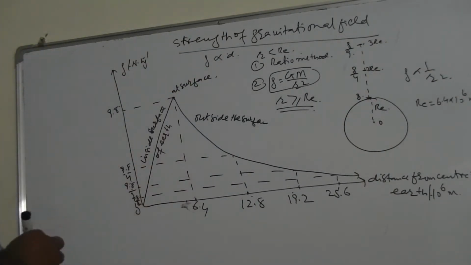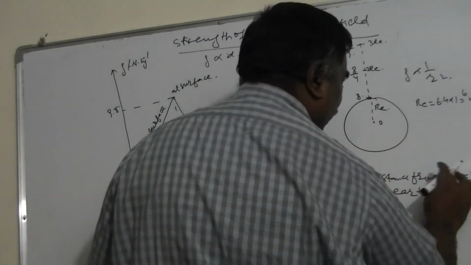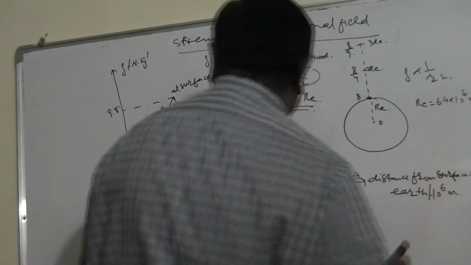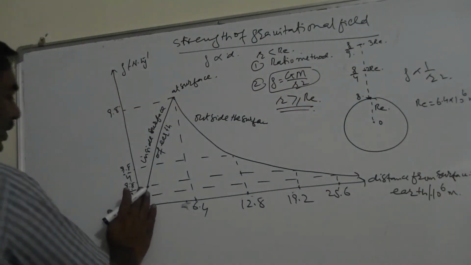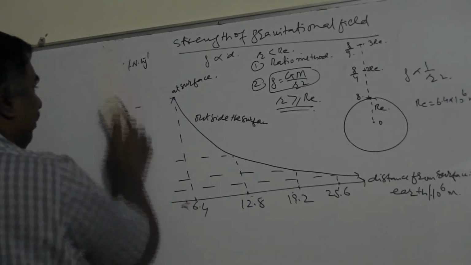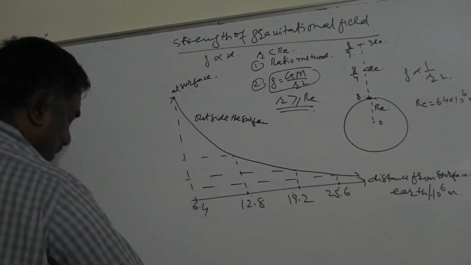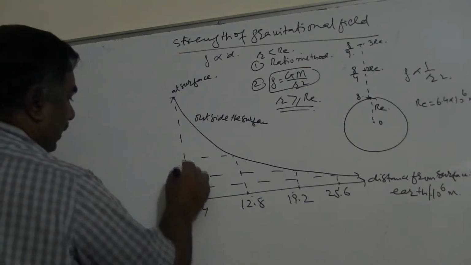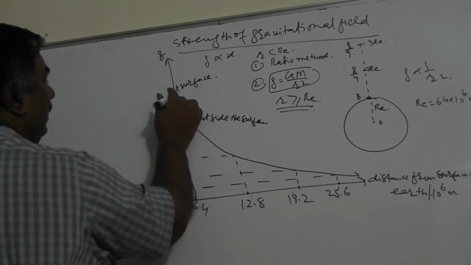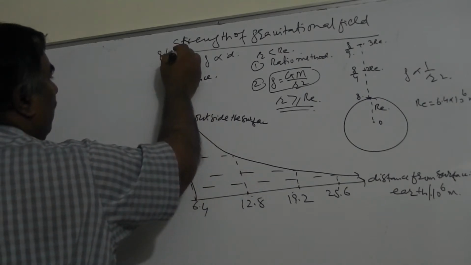Sometimes examiners say the graph is not from the center, but it is a distance from the surface of Earth. When the surface of Earth is there, this graph is now finished, but the values will remain the same. Now you can see this is the value of g in this graph. This is exactly the value of g. In exact terms, it is 9.8 Newton per kg.